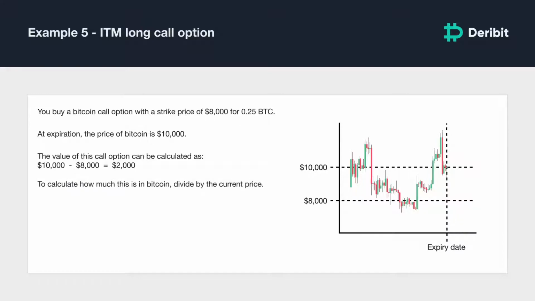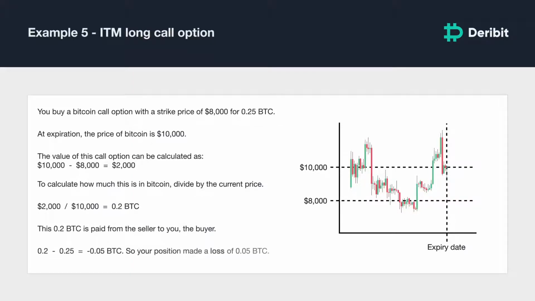To calculate how much this is in Bitcoin, you divide by the current price of $10,000: 2,000 divided by 10,000 equals 0.2 BTC. This 0.2 BTC is paid from the seller to you. Your final profit can be calculated as 0.2 BTC minus 0.25 BTC, or negative 0.05 BTC. So your position made a loss of 0.05 BTC.